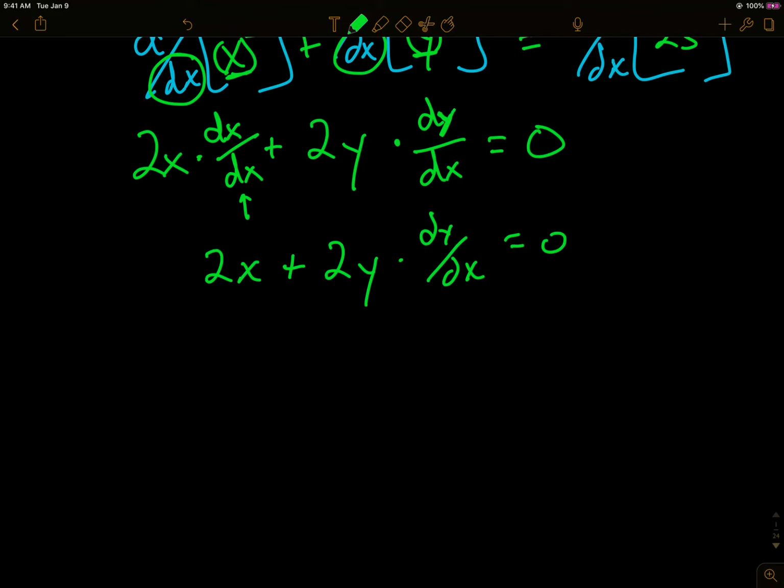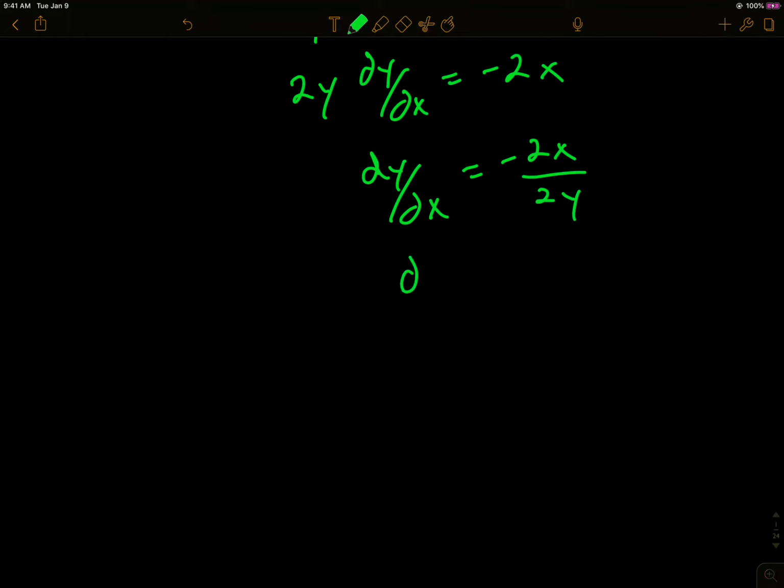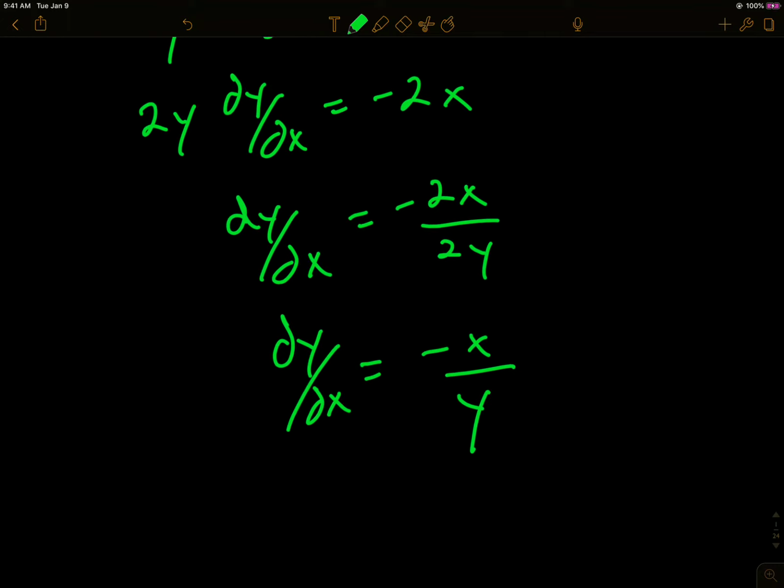Now, if I want the derivative, I want to solve for dy dx. So I'm going to subtract 2x off of both sides. Divide by 2y on both sides. And this is my derivative of an implicit form of the circle.